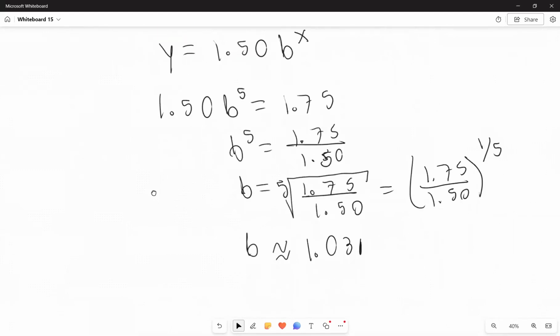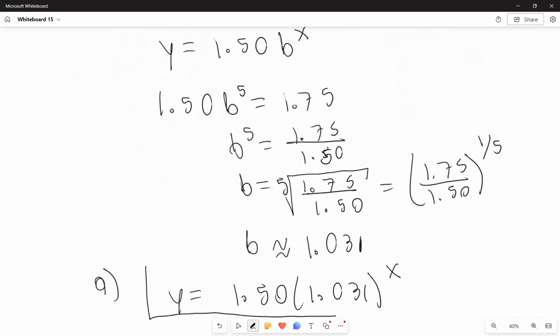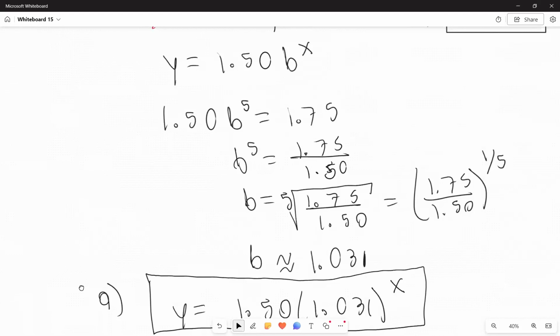And that's it. We have the exponential model. This answers part A. Y is 150 times 1.031 to the power of x. So you can also say that the growth rate or the increase rate is 3.1%, 0.031 or 3.1%.